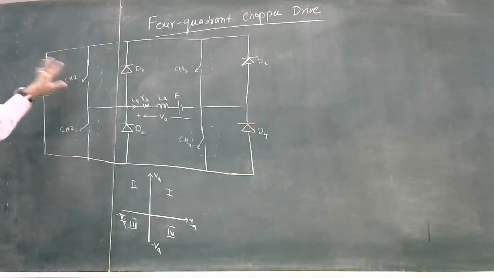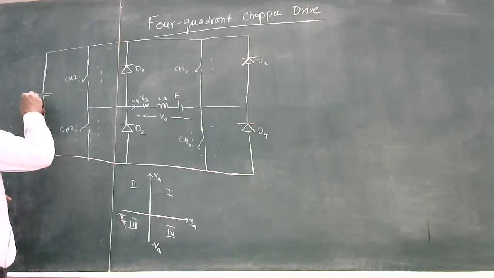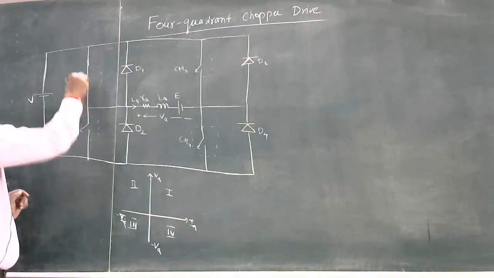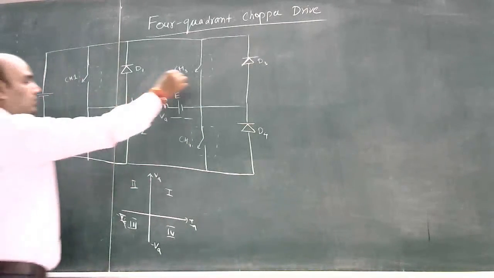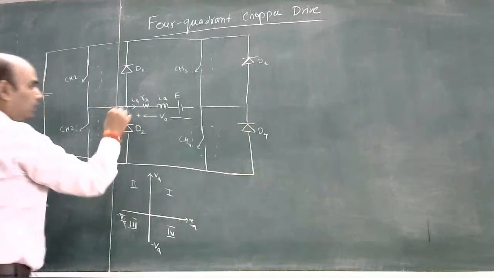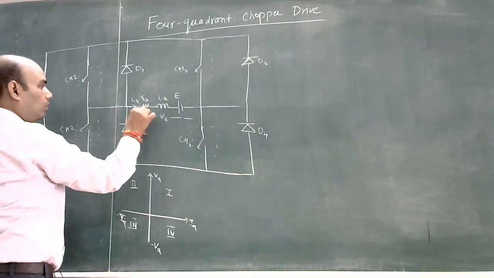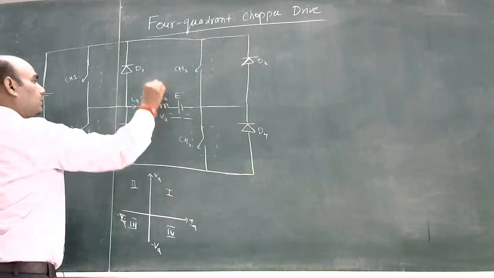So this is the circuit diagram of the four quadrant chopper drive. The input voltage is V. There are four chopper switches: CH1, CH2, CH3, and CH4, four diodes D1, D2, D3, and D4, and the armature of a DC separately excited motor.